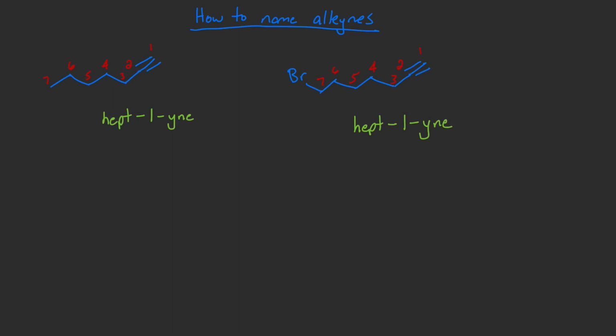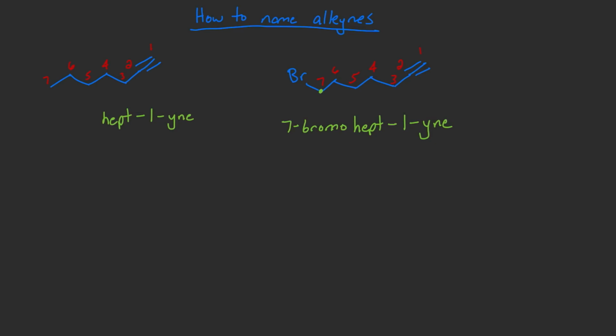And now we have that bromine that we have to worry about, which is at carbon 7. It's bonded onto this carbon. So we're going to say 7-bromo. 7-bromohept-1-ine. So we have a bromine at carbon 7 and an alkyne in a 7 carbon chain at carbon 1.